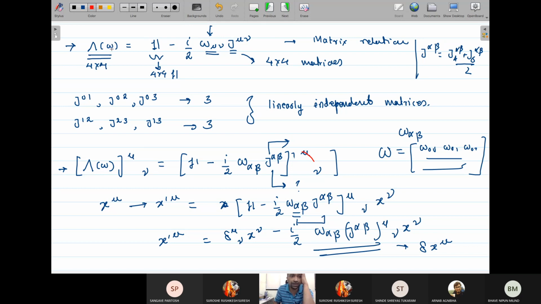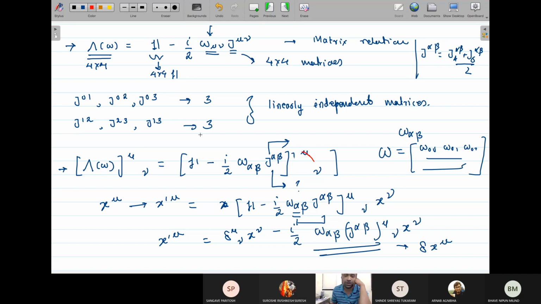And omega here involves the boost as well as the rotation. Why are we taking rotation into Lorentz transformation? Because boost and rotation represent the most general Lorentz transformation. What is the definition of Lorentz transformation? The transformation which leaves the line element invariant, right?